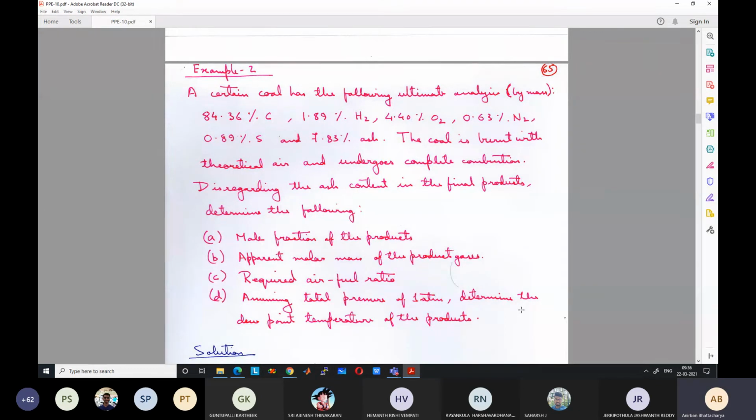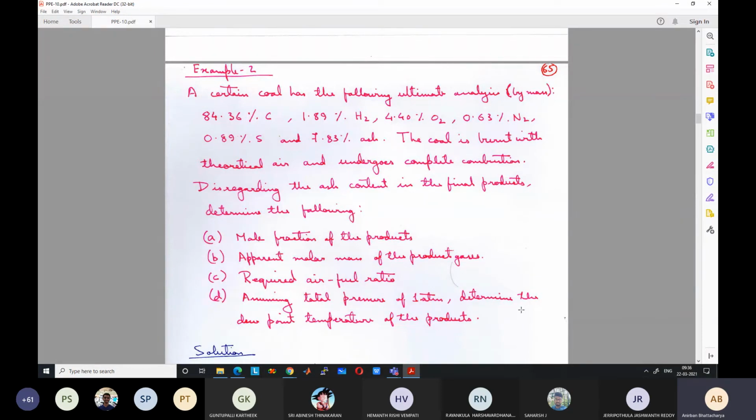If these combustion products are below the dew point temperature, then the water vapor will condense, and condensation will lead to a lot of difficulties. One is that once it condenses, it cannot go out of the chimney. It will just fall down below. It can also react with the sulfur dioxide to form sulfuric acid.